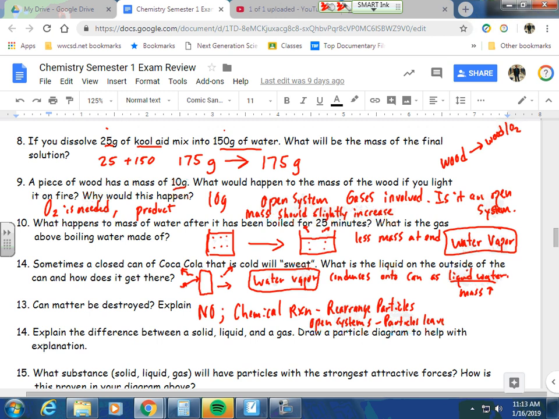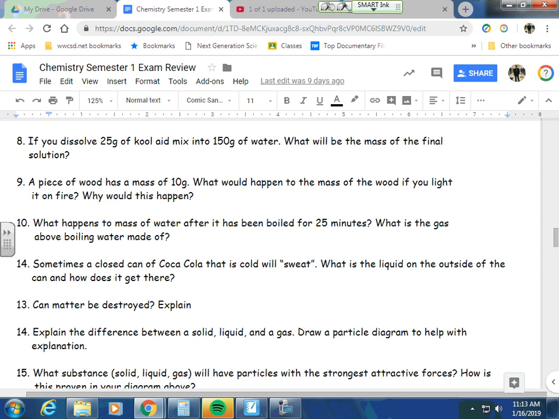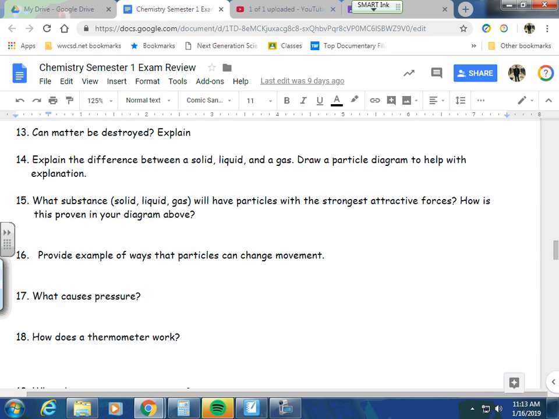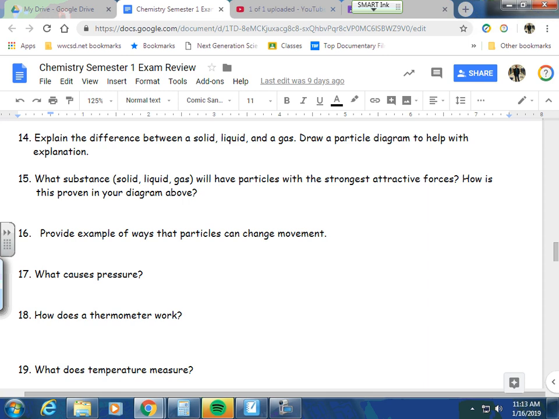Okay, so we're going to do particle diagrams for solid, liquid, and gas. Real basic ones, because I don't have a lot of room here. So here's a solid. I'm just going to put some dots close together, maybe 6 of them. And when we do this, we've got to show that we understand that all particles are in constant motion.